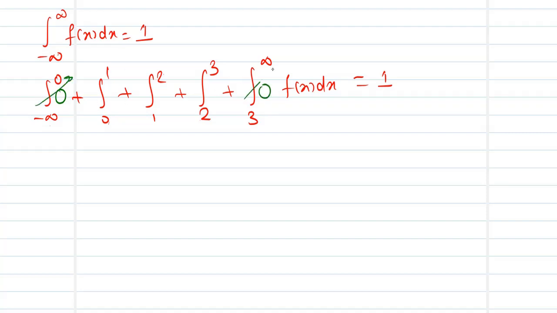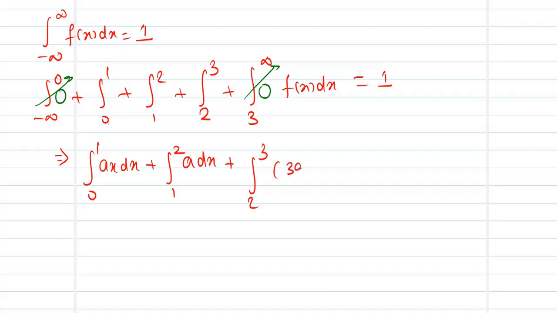So this just vanishes, and we are left with the remaining functions: from 0 to 1 the function is ax dx, the integral from 1 to 2 of a dx, plus the integral from 2 to 3 where the function is 3a minus ax dx, and the total sum is 1.